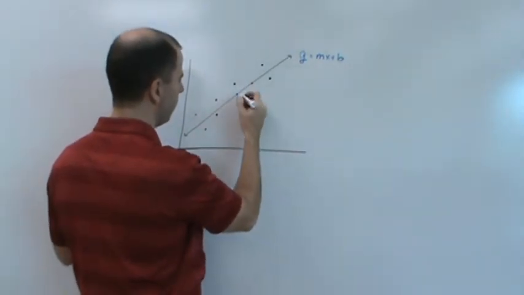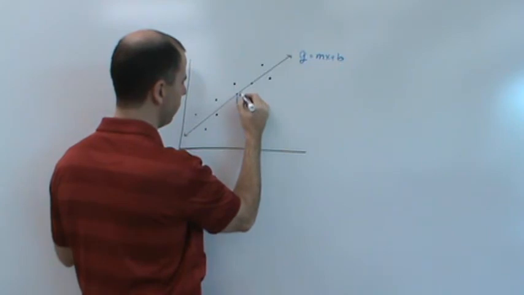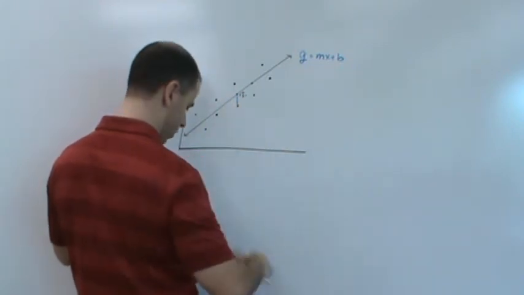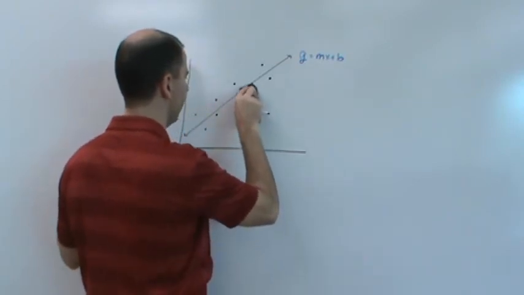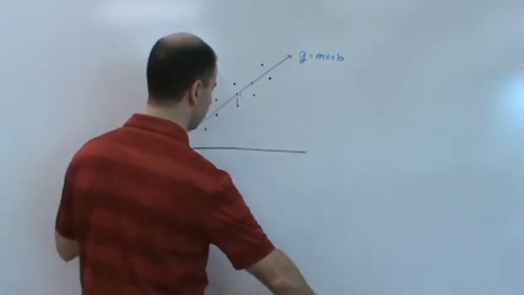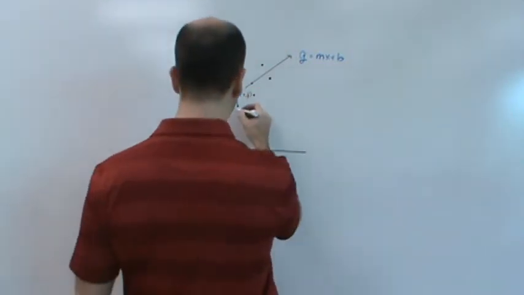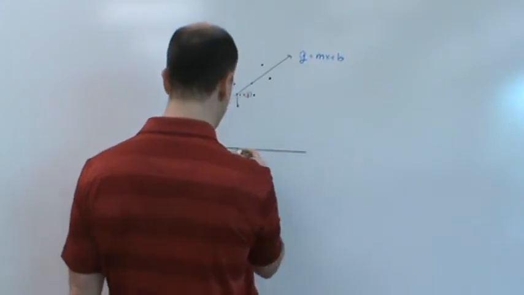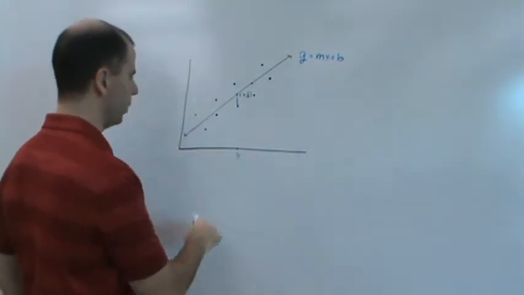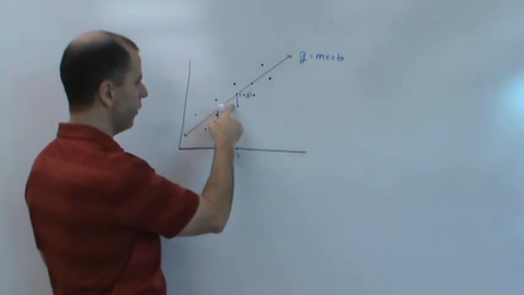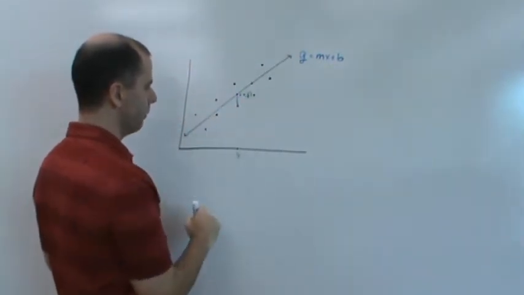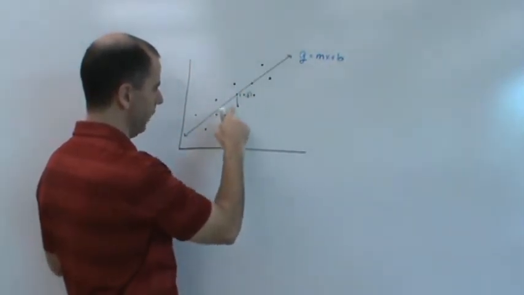So the blue dot, the predicted value, I'm going to call that x comma y hat. Don't forget that. Now, this is all at a particular value of x, right? So at a particular value of x, I've got my predicted value based on the line and my observed value. So I've got this ordered pair.